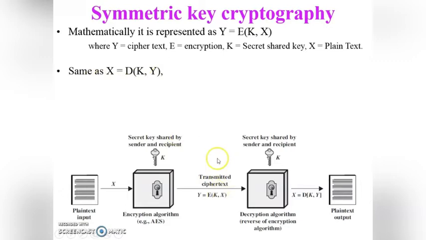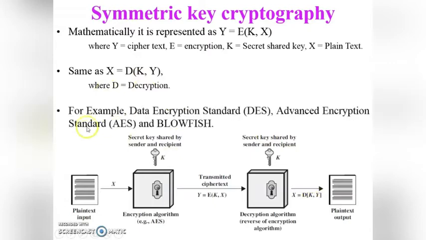So how can we represent this mathematically? X is the plaintext as per the figure. E is the encryption algorithm.